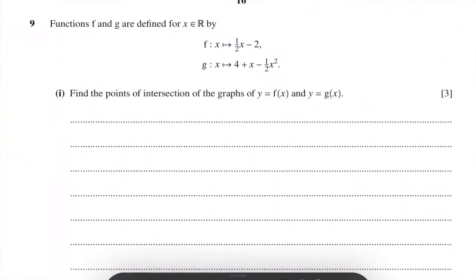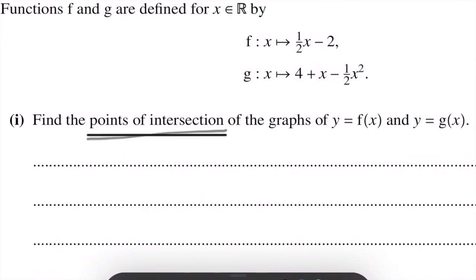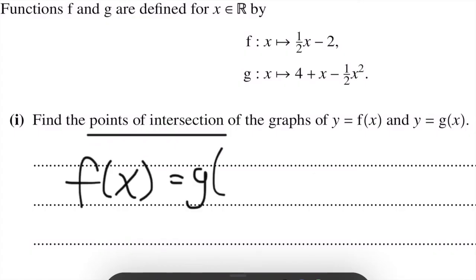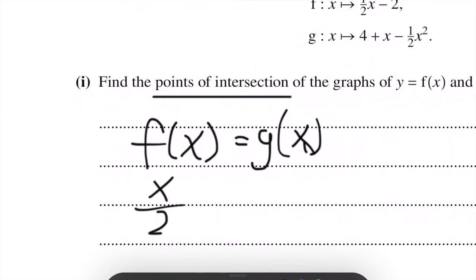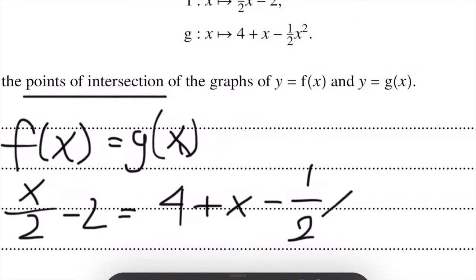For question 9, in order to find the points of intersection, you will need to equate fx with gx. So x over 2 minus 2 is equal to 4 plus x minus half of x squared.